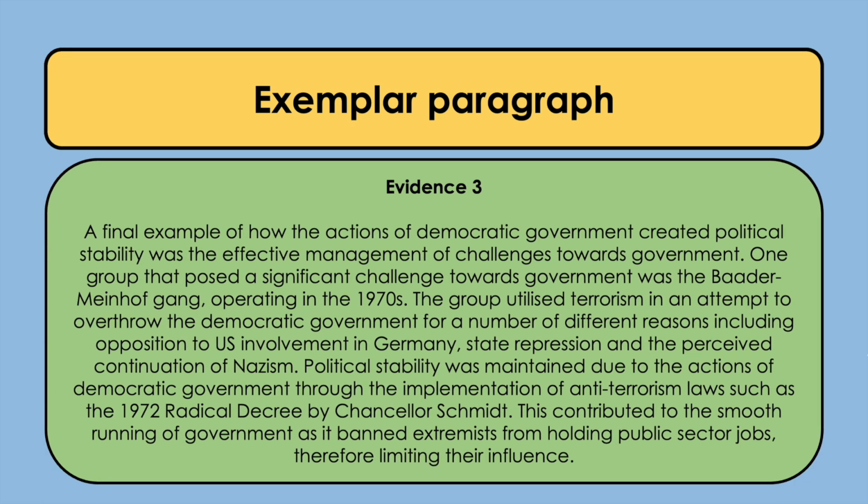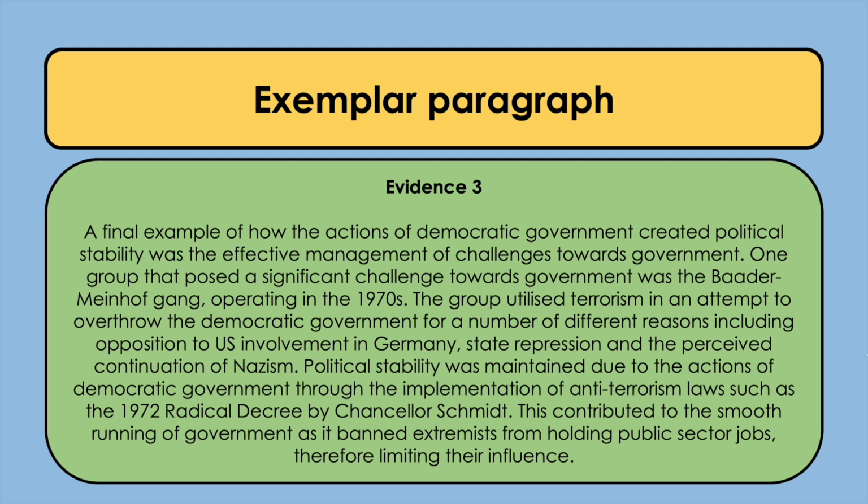Final piece of evidence that we're going to relate to for this paragraph is here. We're going to be looking at the effective management of challenges. So again, we'll read through the paragraph, we'll separate it out, and we'll talk about how it's hitting the necessities for the evidence part and how it's answering our question. A final example of how the actions of democratic government created political stability was the effective management of challenges towards government.